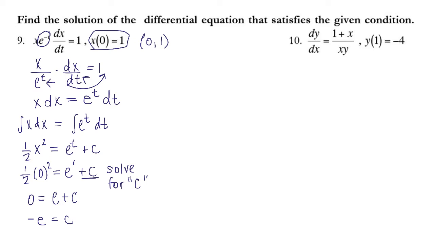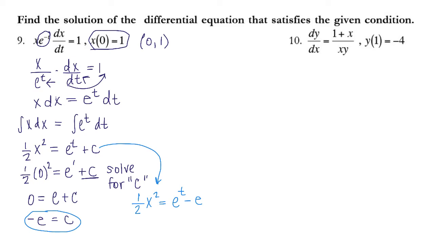And now that you've solved that, you're ready to go back and you're ready to write your equation. And here's where students always wonder, well, where in the world do I put that c value? After you have it solved, we are going to pull this equation down, and that's what we plug in our c to. So we have 1/2 x squared equals e to the t power minus e.